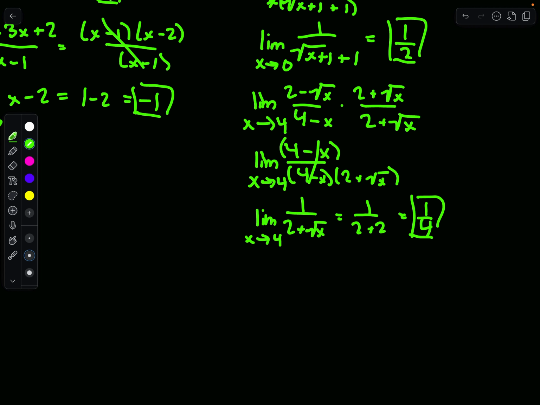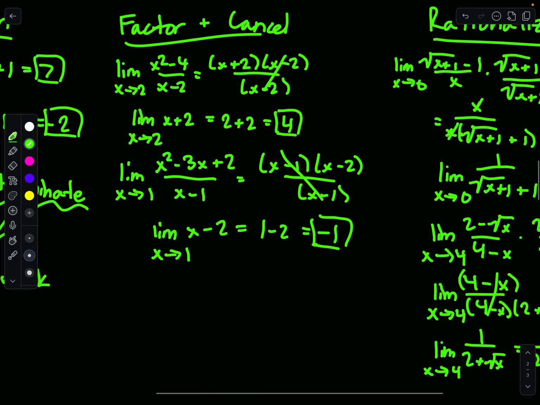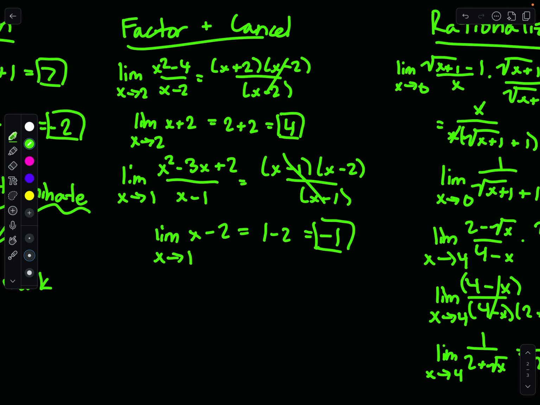Now some common pitfalls. Number 1, canceling incorrectly. For factor and cancel, make sure that you are factoring the numerator correctly and then canceling accordingly. Another is plugging in before you simplify. If you ever see 0 over 0, stop and simplify first, and then proceed using algebraic techniques. Another might be assuming 0 over 0 equals 0.